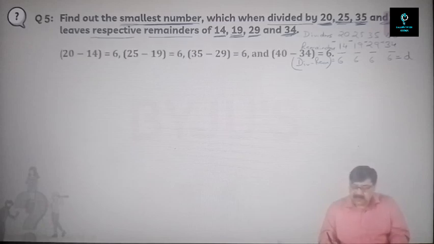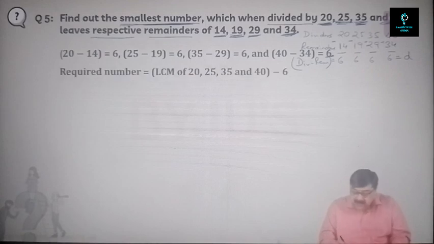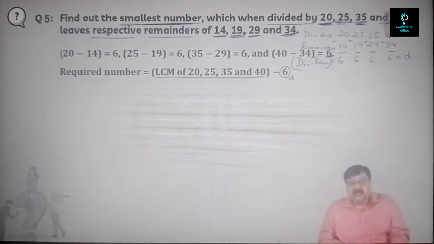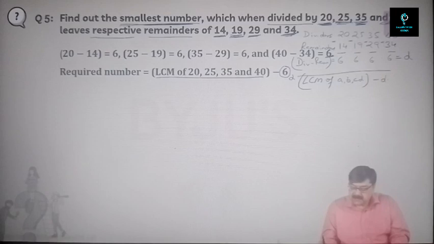So this works out to be the same here, as you can see. So the required number here shall be the LCM of these four quantities from which you will subtract this D. So in short, this becomes LCM of A, B, C, D minus the difference D here.